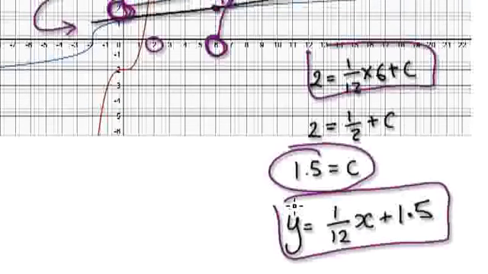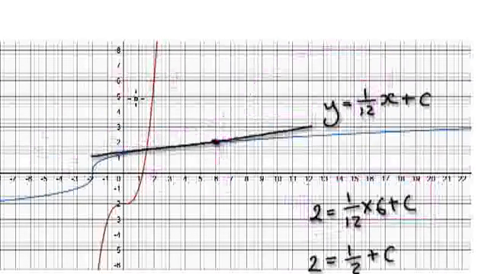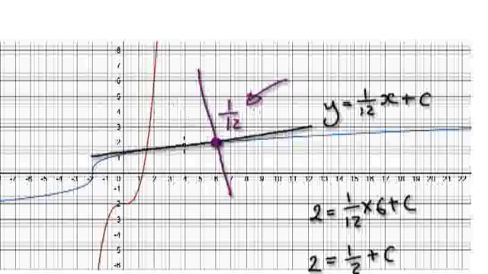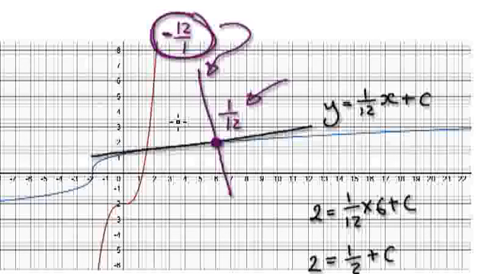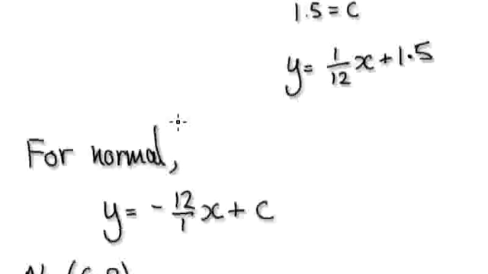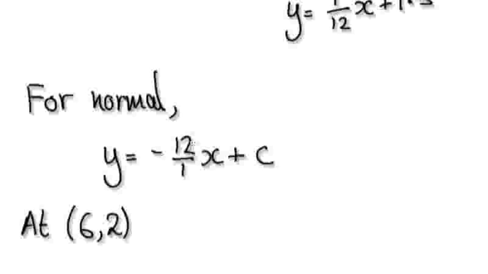For the normal line, once you've got the gradient at this point, which is 1 over 12, the gradient of the normal line will be the negative reciprocal of this. So the gradient here will be 12 over 1, but negative. So the gradient of this normal line is minus 12.